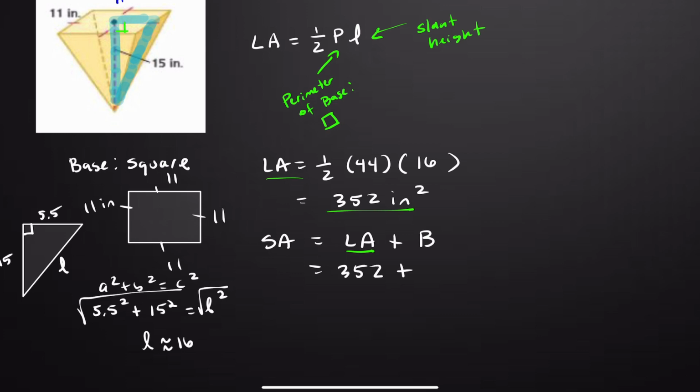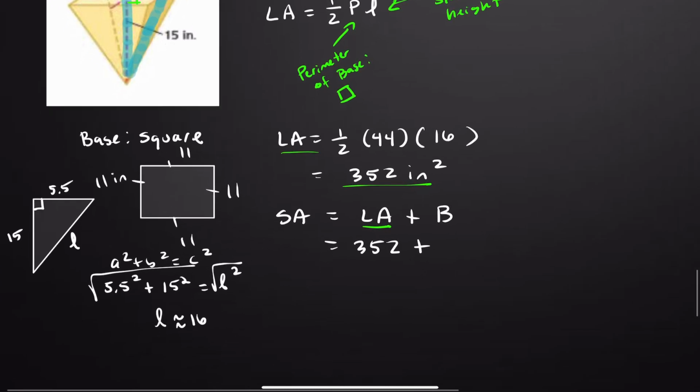And the area of the base, well, it's a square, right? So the area of the base is side squared, because we're dealing with a square here, so it's s squared, or you can say base times height, it doesn't matter. And 11 squared is going to be 121. So plus 121.